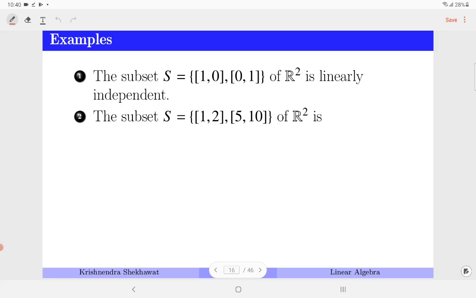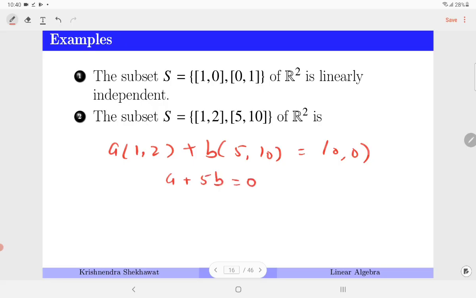Consider one more equation, one more set: (1, 2), (5, 10). Again I write a(1, 2) plus b(5, 10) is equal to (0, 0). The first equation is a plus 5b is equal to 0. The second equation is 2a plus 10b is equal to 0, which is the same as a plus 5b is equal to 0.